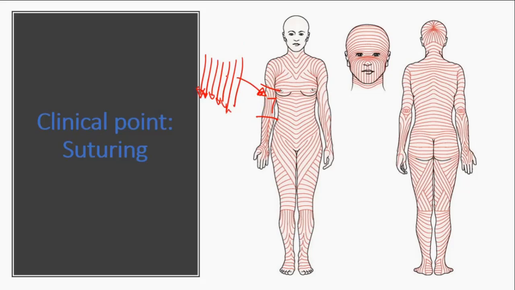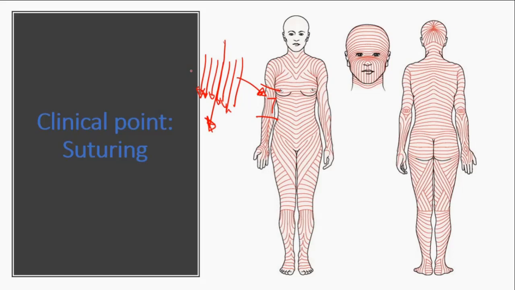So it makes sense that when you want to make an incision, when you want to cut your skin, you will cut in the same direction as the collagen, so that when you suture the skin after your operation, it's easy for your skin to heal itself.